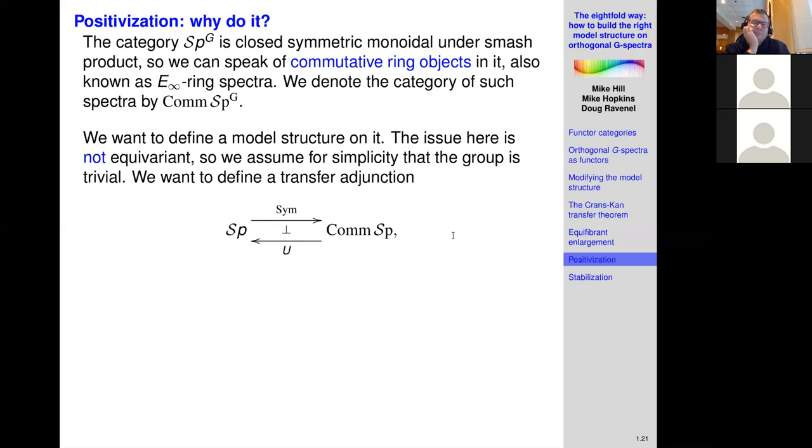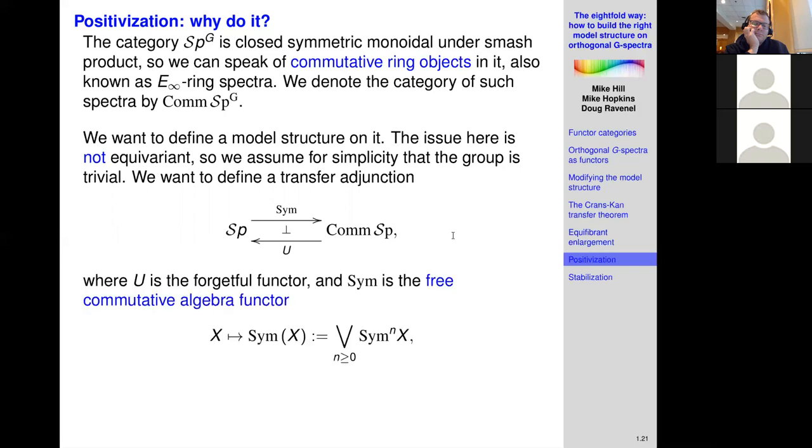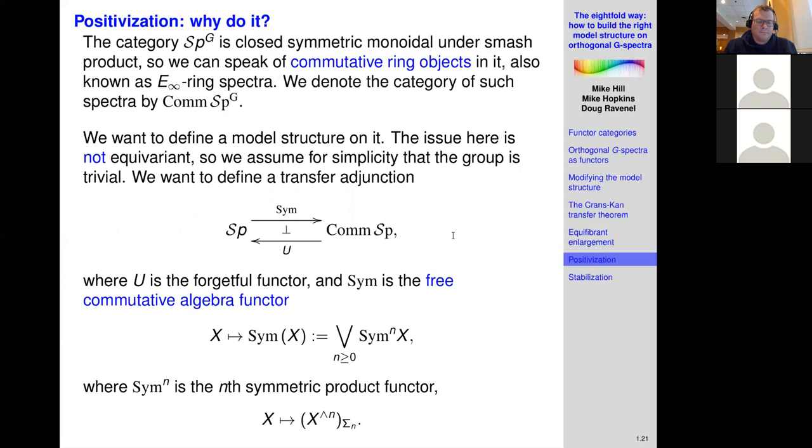So we would like to define a transfer adjunction that looks like this. COM-SP stands for the category of commutative ring spectra. There is a functor to it called the Sym functor, which is defined as follows. If you have a spectrum X, you can form a free commutative algebra out of it. Sym n is the nth symmetric product functor.